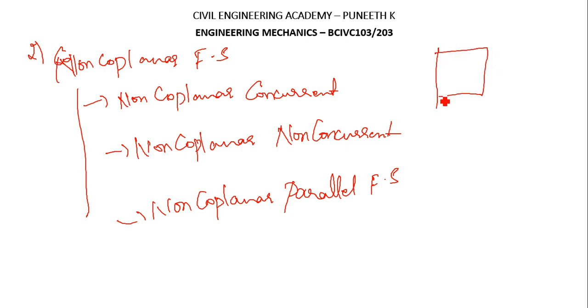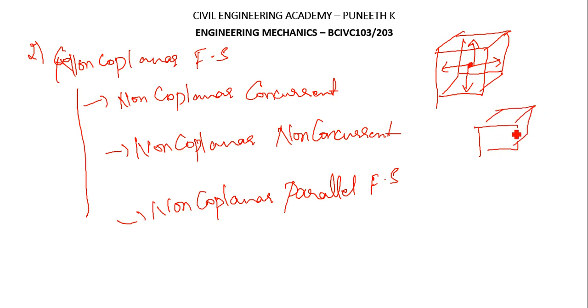What is the diagram for non-coplanar? We are just going to draw on a cuboid and represent it. What is the meaning of non-coplanar concurrent force system? All the forces are acting in different planes but have a common origin. What about non-coplanar non-concurrent?